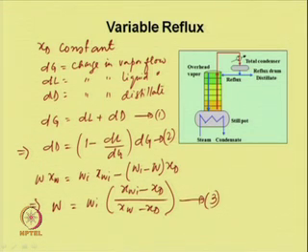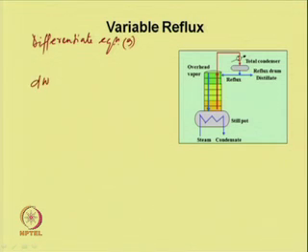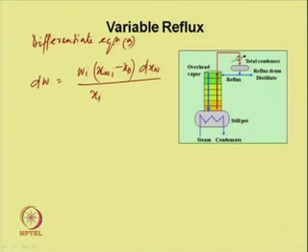Now, if we differentiate these equations, equation 3, we can obtain dW equal to W_i x_d minus x_W_i dx_W divided by (x_d minus x_W) squared.